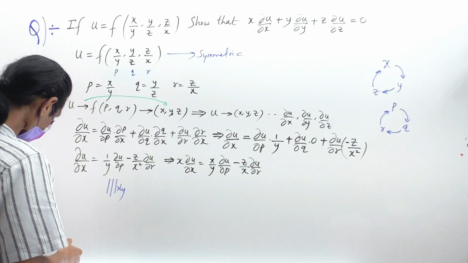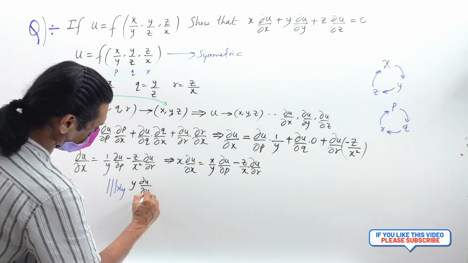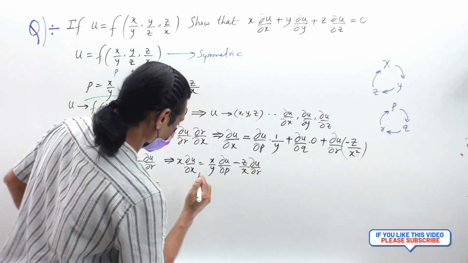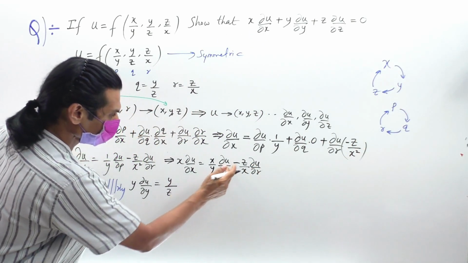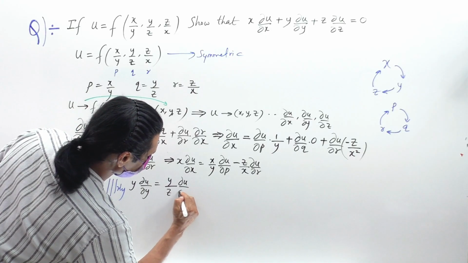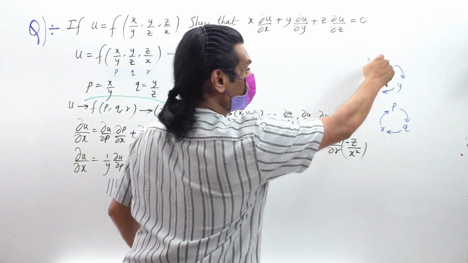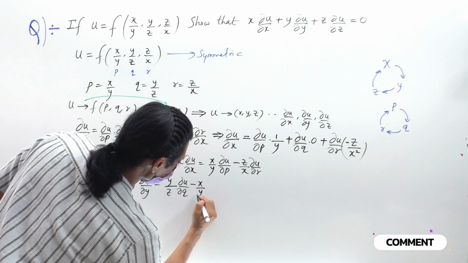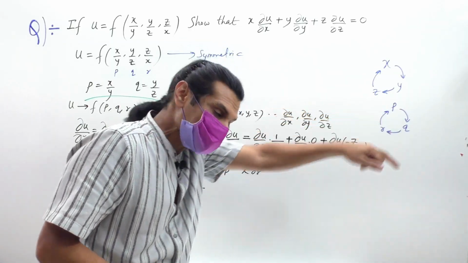Similarly, we can write y into dou u by dou y is equal to what happens? x changes to y upon y changes to z, and dou u by dou p changes to what? dou u by dou q. Minus, again z will change to what? x, right? And x will change to y, and dou u by dou r will change to what? dou u by dou p.